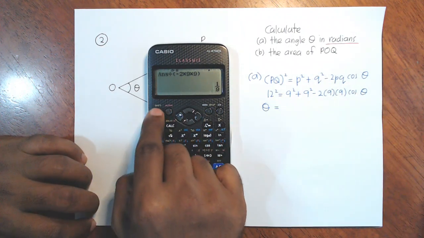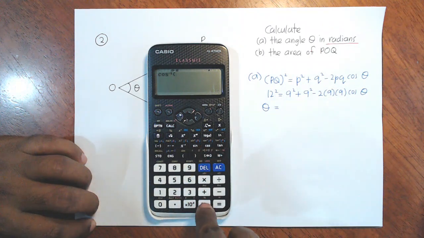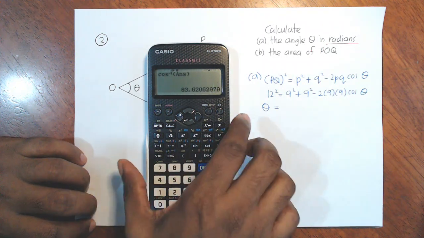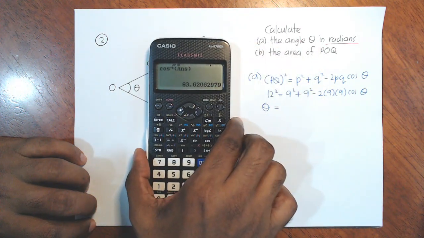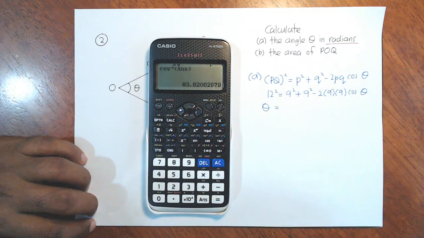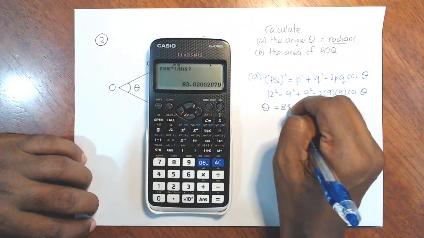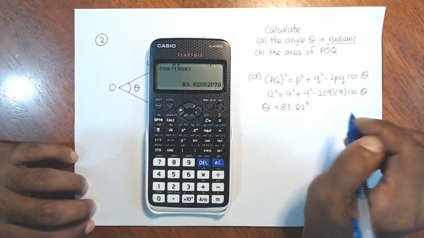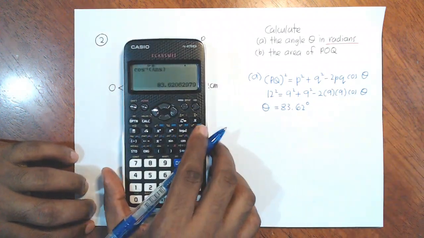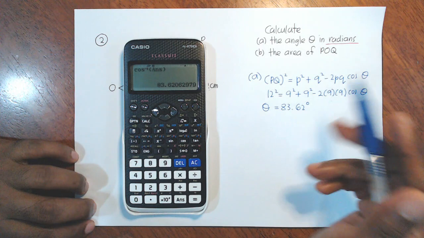So now you want the angle, shift cos, answer equals to 83.62. So the angle theta will be 83.62 degrees, right? But we want theta in radians in this question, so we have to convert that.